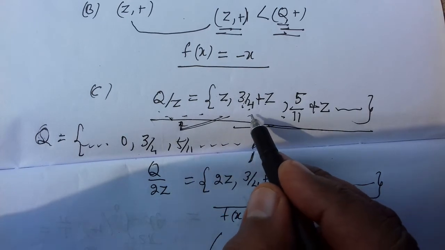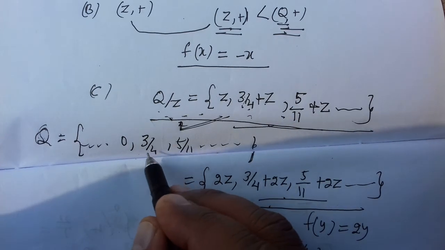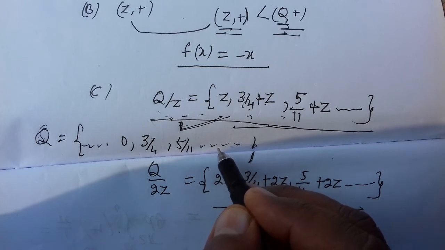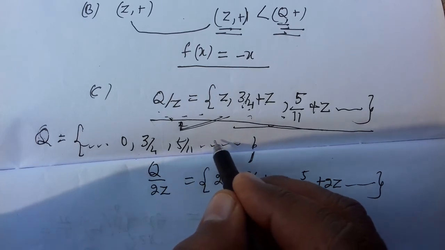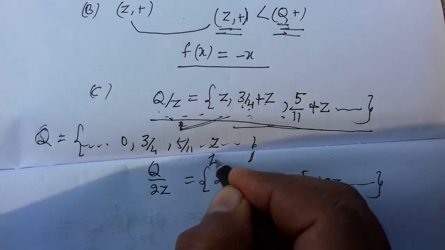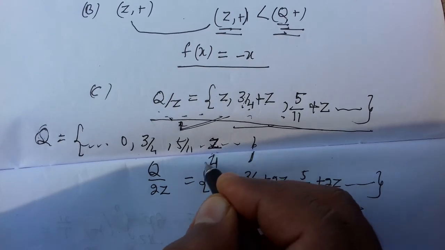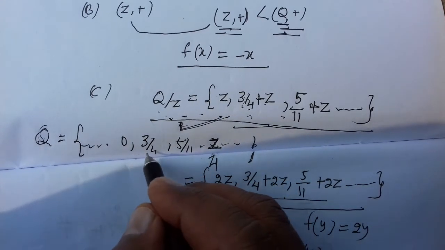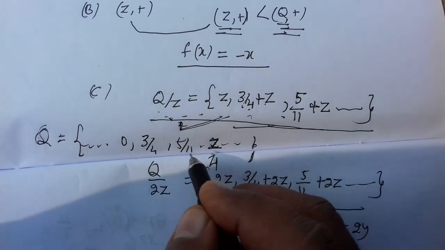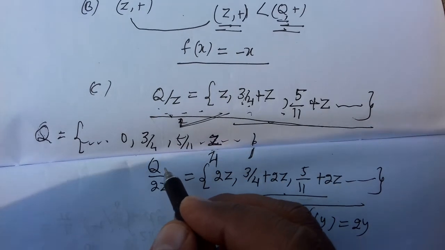Suppose you take 3 by 4 plus Z. And here you see 3 by 4, and at some place you will see that there is also 7 by 4, because 7 by 4 is also an element of Q. Obviously, these two are different rational numbers, 3 by 4 and 7 by 4.